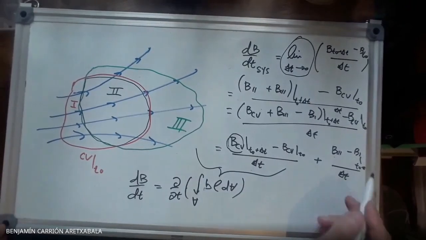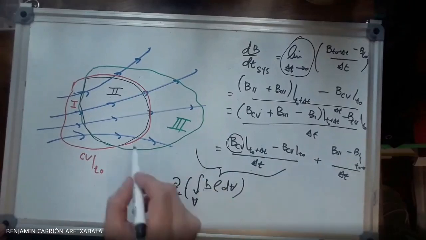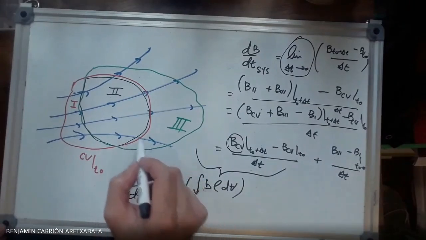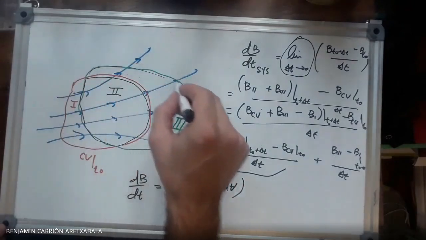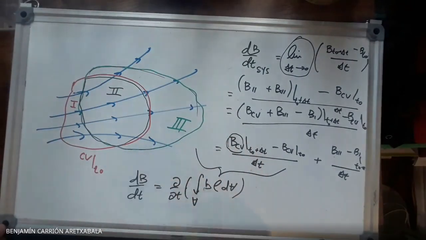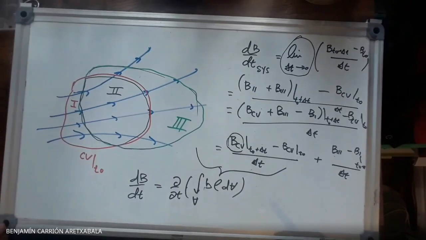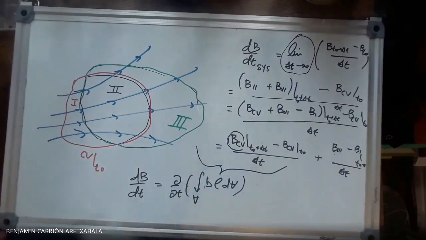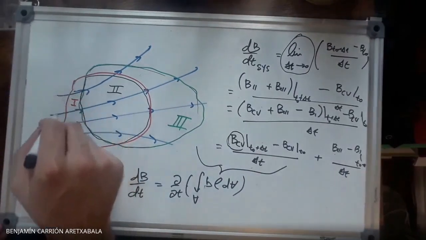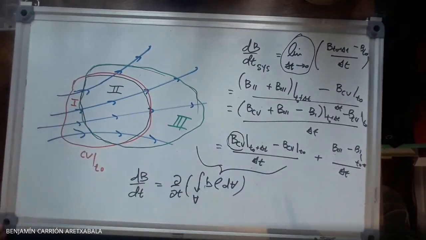And this other part, if you look at this, B3 is the property in this area, which is entering the control volume, and B1 is actually going out of the control volume, right?